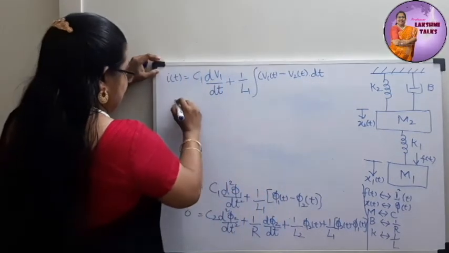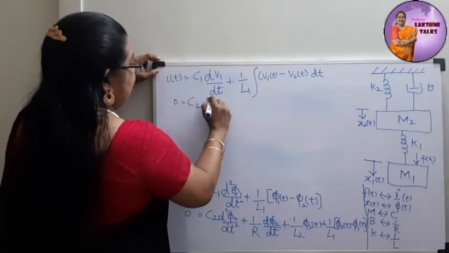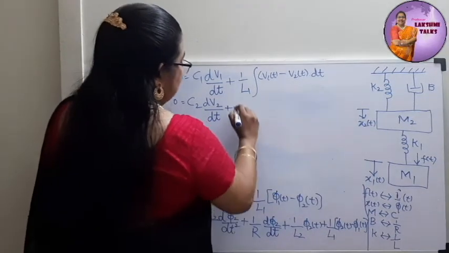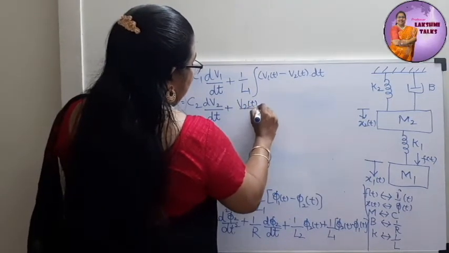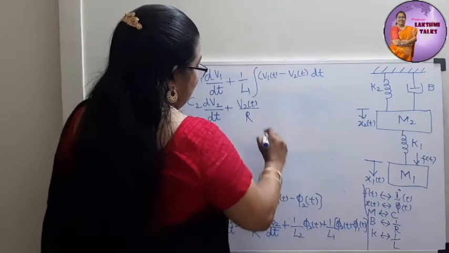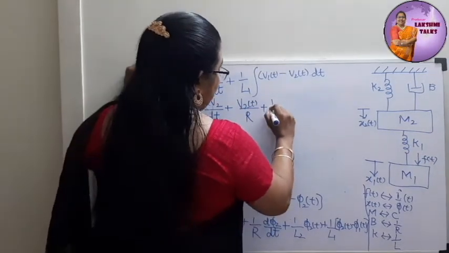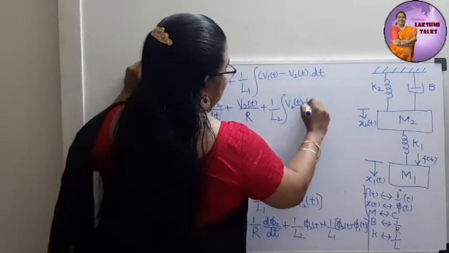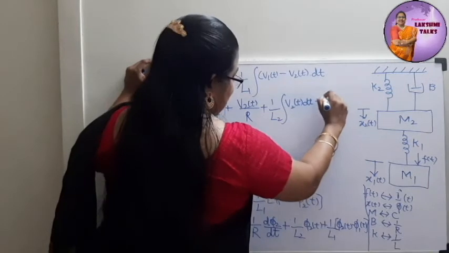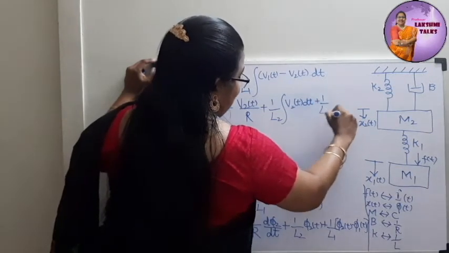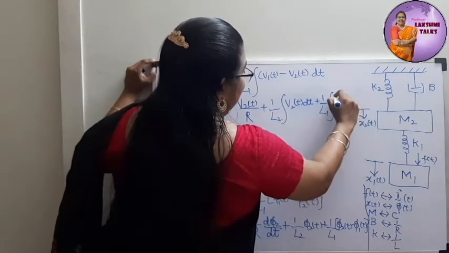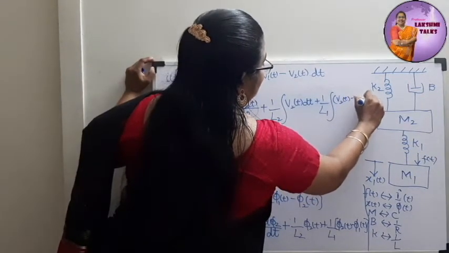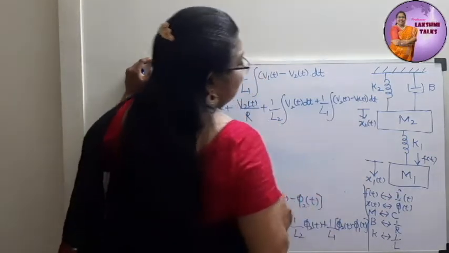The second equation is C2 dv2 by dt plus v2 of t by R plus 1 by L2 integral v2 of t dt plus 1 by L1 integral v2 of t minus v1 of t dt.